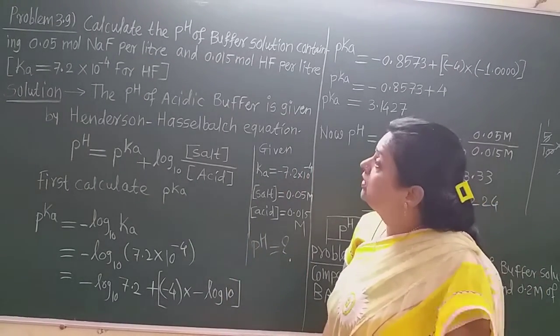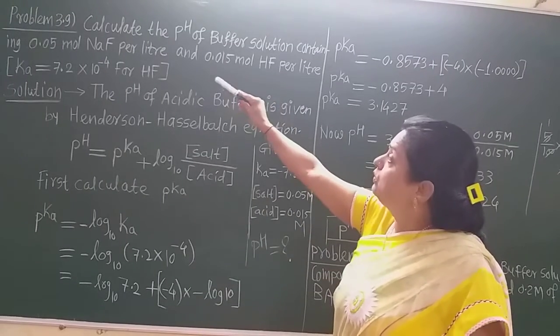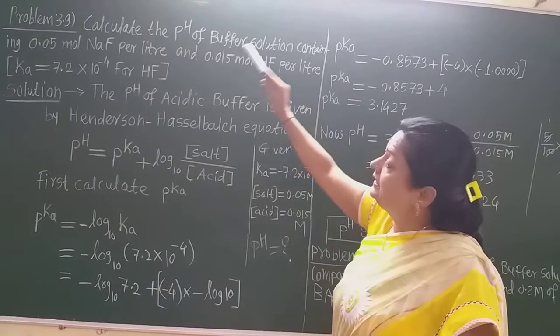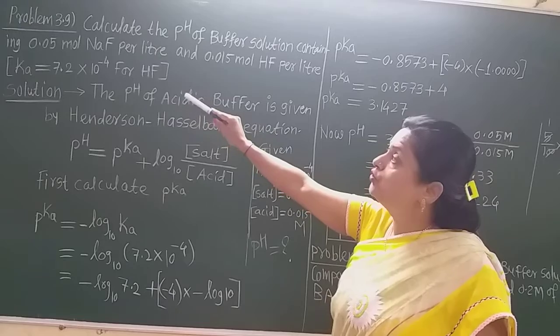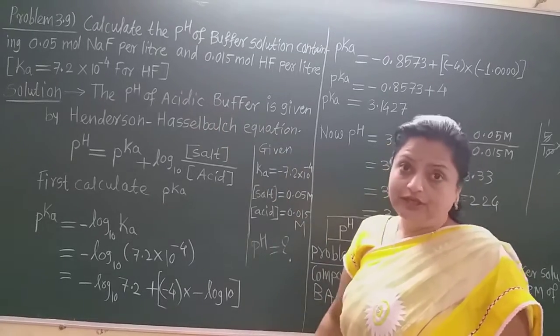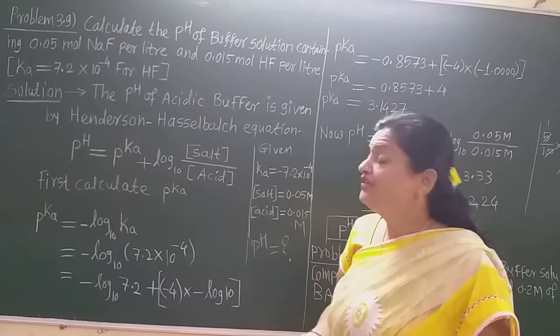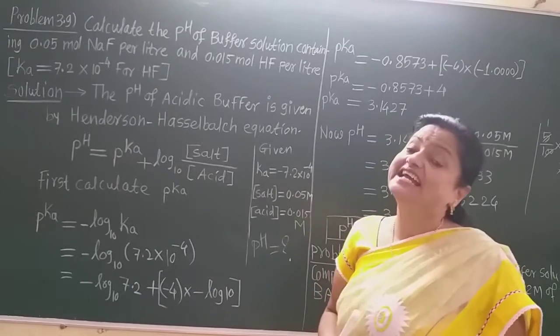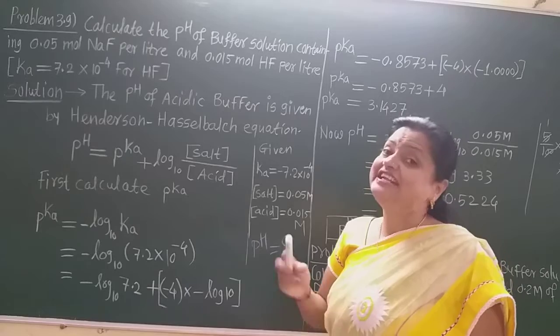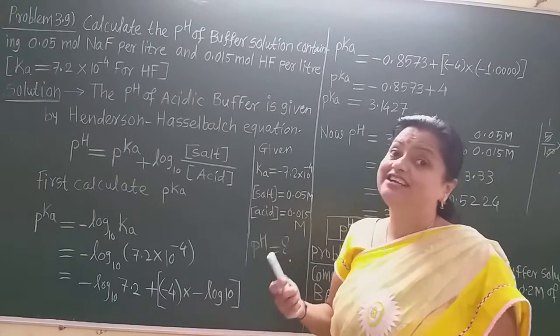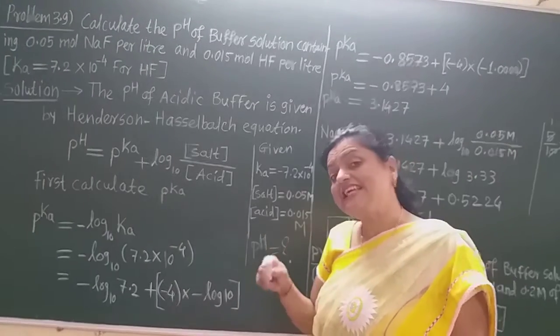Now again, what is given? Calculate the pH of buffer solution containing 0.05 mole NaF. Now this NaF is the salt, sodium fluoride, which is obtained from the weak acid HF and the strong base NaOH.